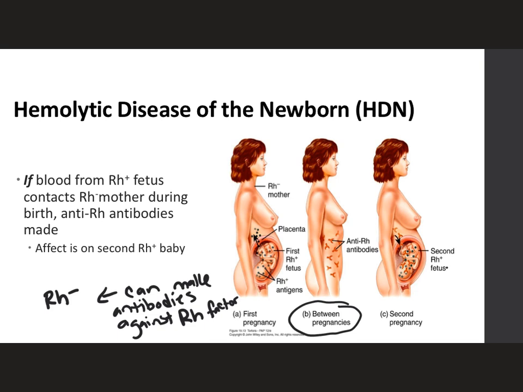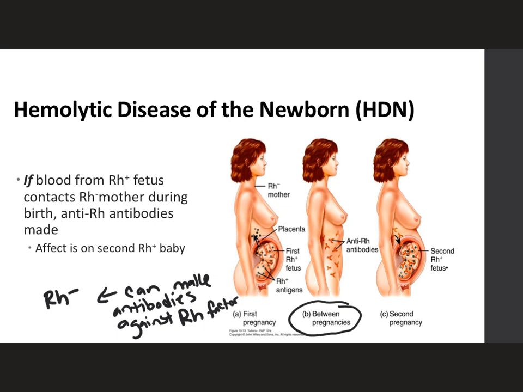If a person was Rh negative and they received Rh positive blood, then they could have a reaction if they had made antibodies against it. Maybe the first time they'd be okay, but now that they've received that Rh positive blood, they're going to make antibodies against it, and the next time it's not going to be good, okay?